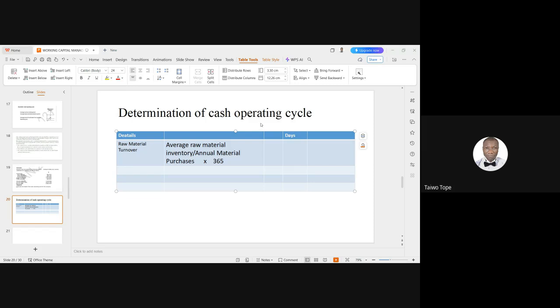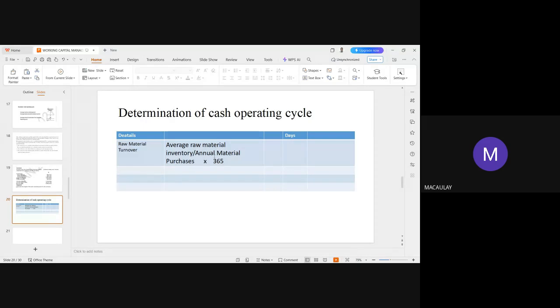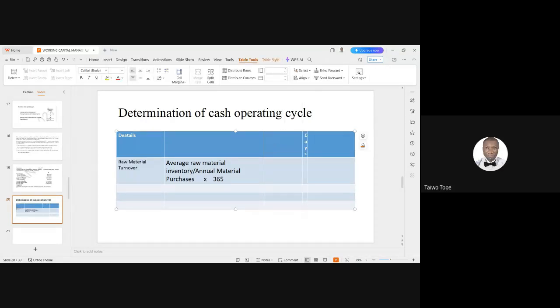So based on the question, your average raw material will be what? Open the question, sir. $864,000.